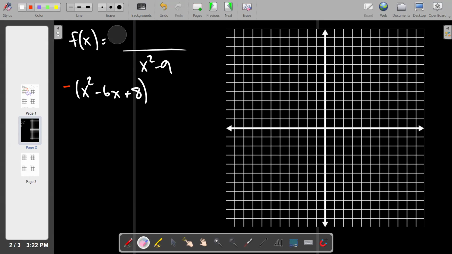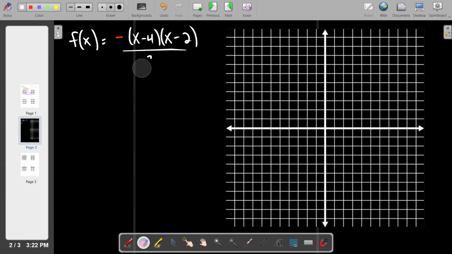It's negative times x minus 4 times x minus 2. Nice. And then tell me about the bottom. Yeah, it's the old famous difference of two squares. So x plus 3, x minus 3.